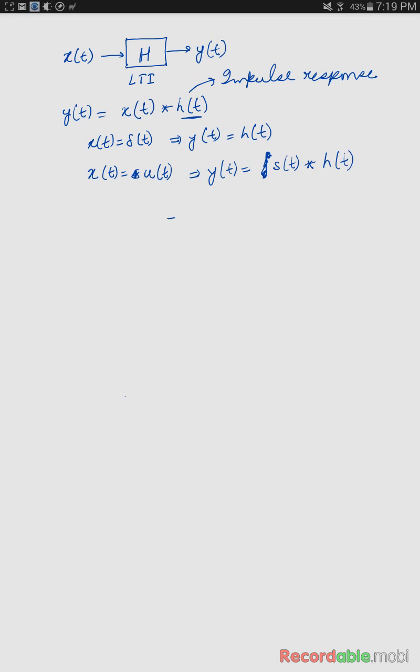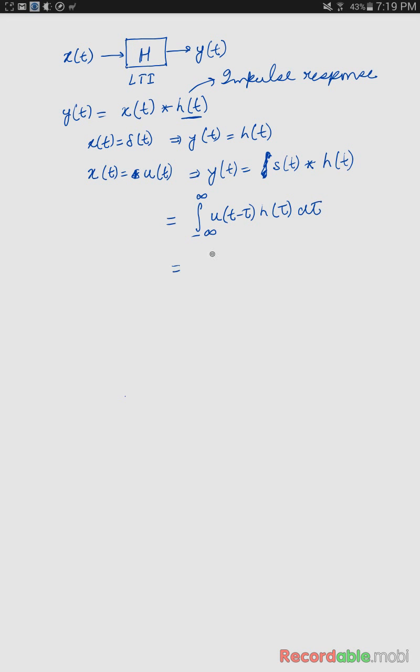That is equal to the integral from minus infinity to infinity of u(t minus tau) times h(tau) d tau, because of the commutativity of convolution.